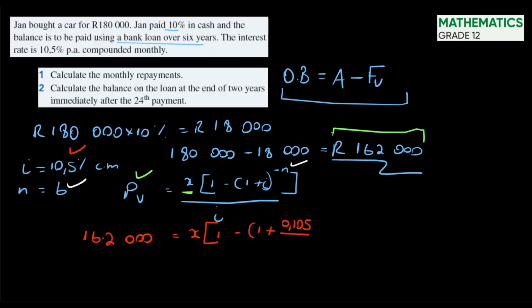Remember, they said it's compounded monthly, which means we divide it by 12. The power of minus, how many years is that? 6 years. But it's 6 times what? Times 12, because of the compounding period. And square brackets, everything divided by the interest, 0.105 divided by 12.